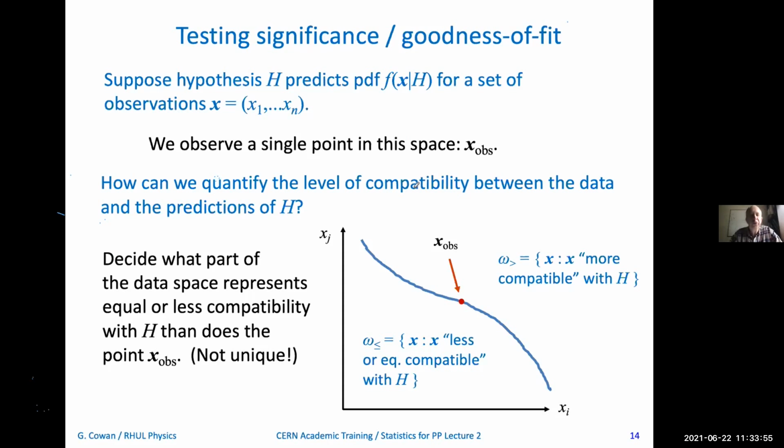So let's suppose that we have a hypothesis H, and I've intentionally omitted H0 or H1, but let me just consider a single hypothesis, and that predicts a particular distribution for a vector of data. So this could be some multidimensional vector of data. And then you do the observation, and that gives you a single point in data space.